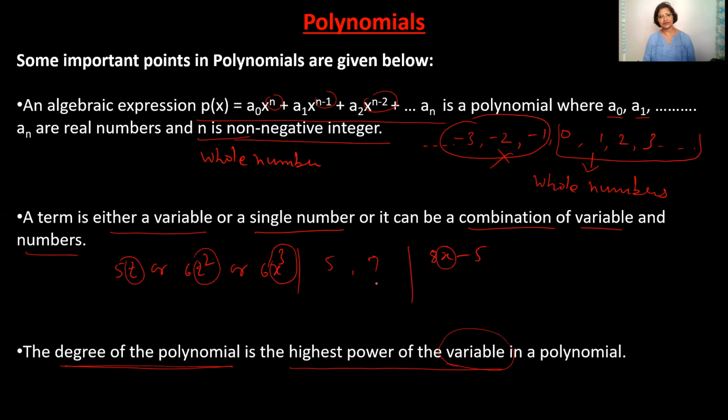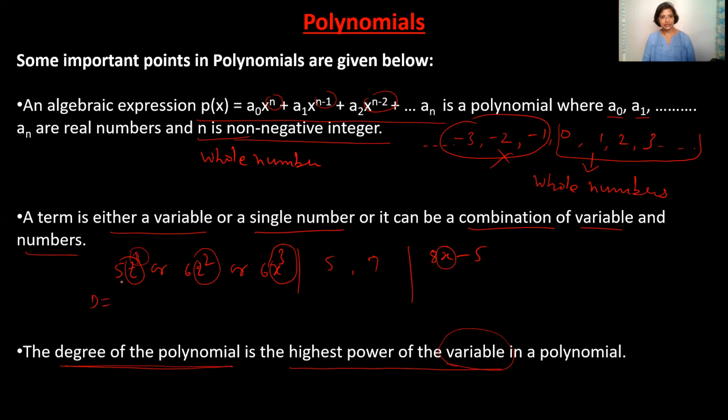Here you can't see a variable, but the variable is also here, and you can tell the degree of a constant polynomial also. But how? I will tell you. The degree means exponent, means power, of the highest. It is here 1, here 2, here 3.